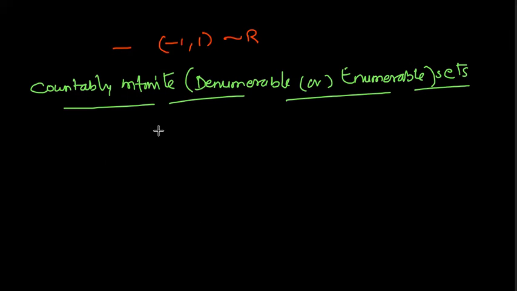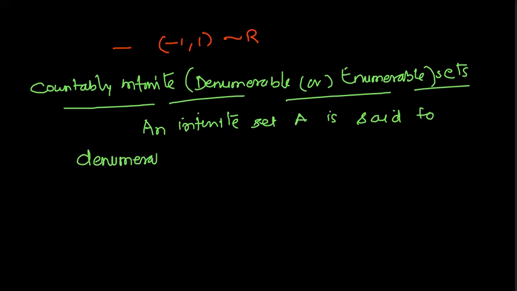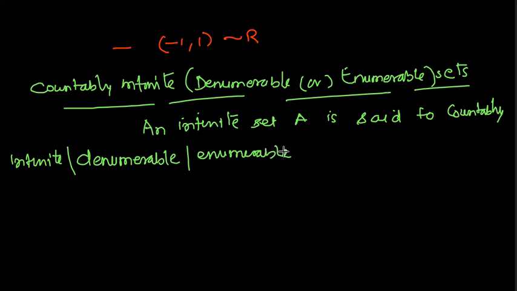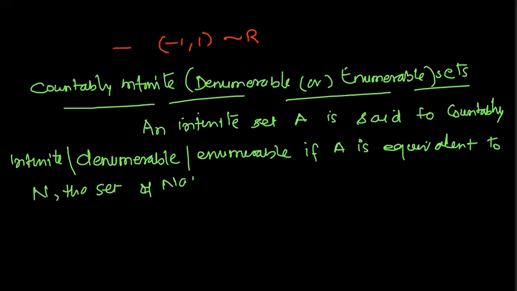Let A be an infinite set. An infinite set A is said to be denumerable, or countably infinite, if A is equivalent to N, the set of natural numbers.